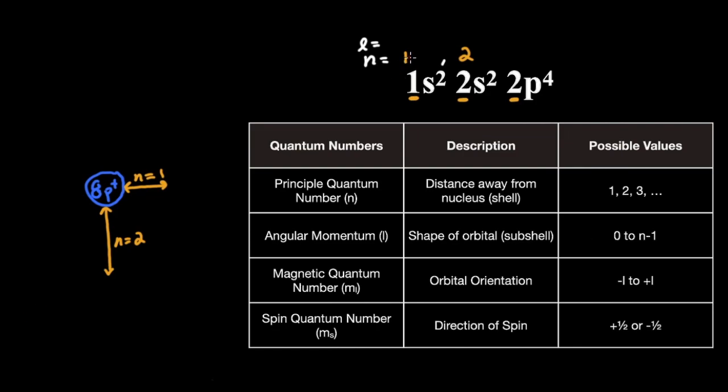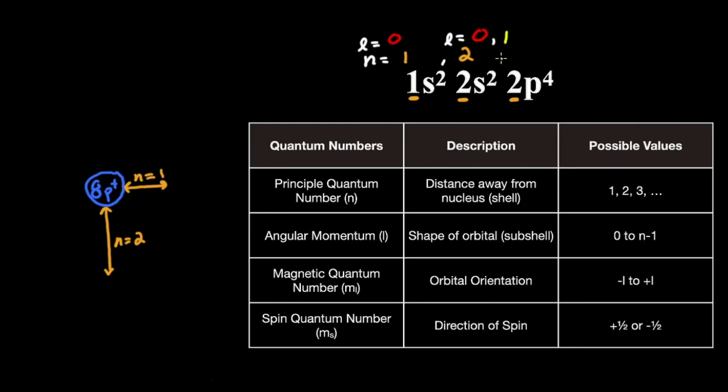Because n equals 1 right here, this L value can be 0, and it cannot be 1 because n is 1. And this n value is 2, and it's going to have its own L values, L equal to 0, and also L equal to 1.